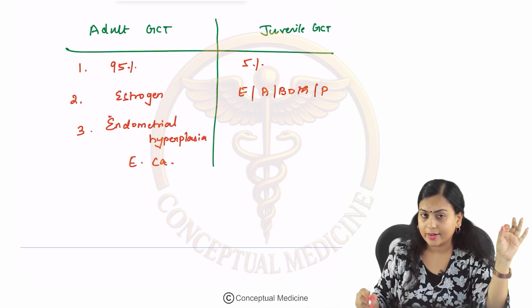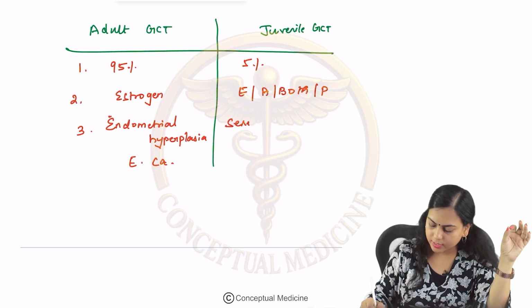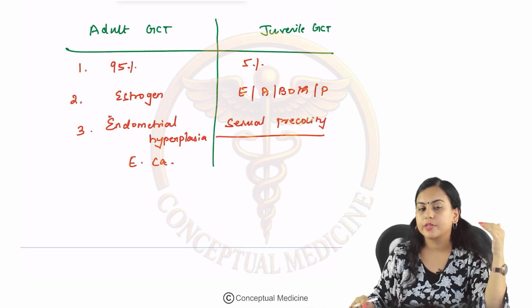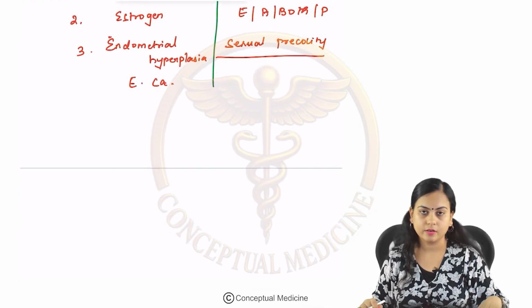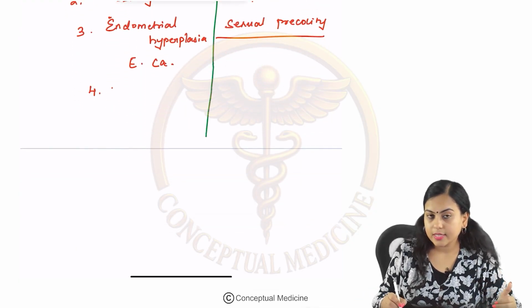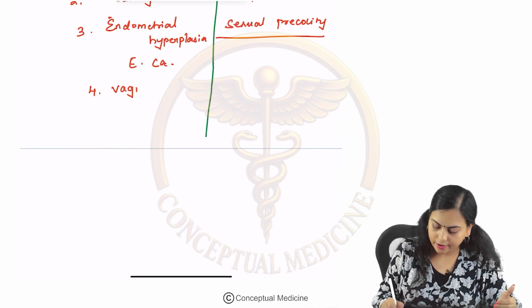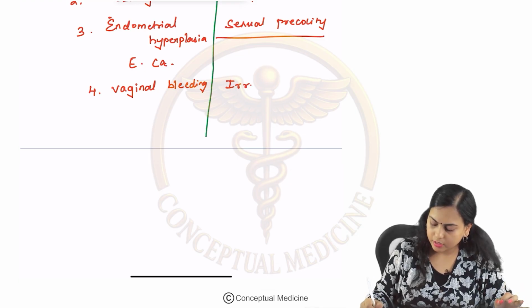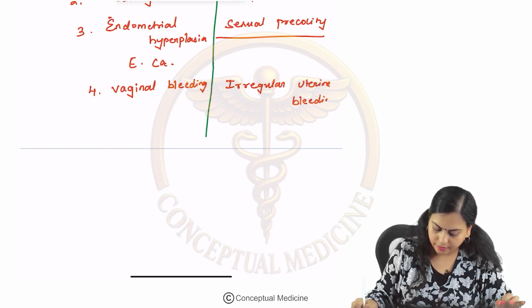Whereas in juvenile granulosa cell tumors, you will see sexual precocity with the development of breast, pubic hair and axillary hair. So, in these patients, you have symptoms like vaginal bleeding, whereas in this group, you have irregular uterine bleeding.